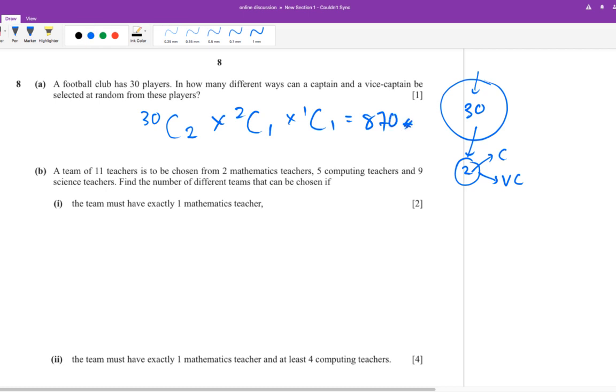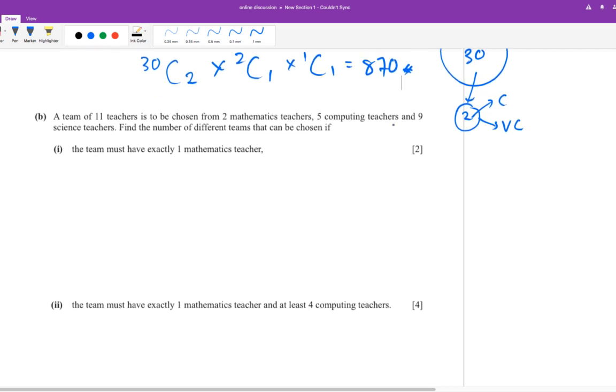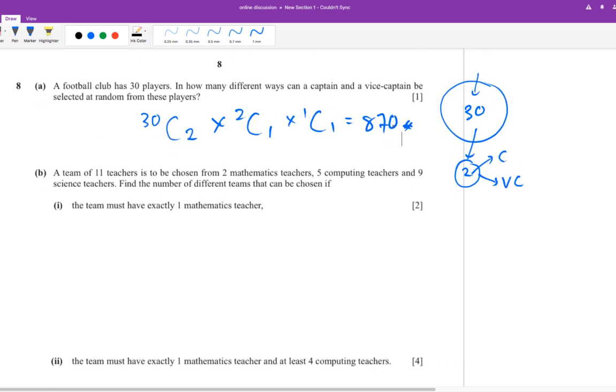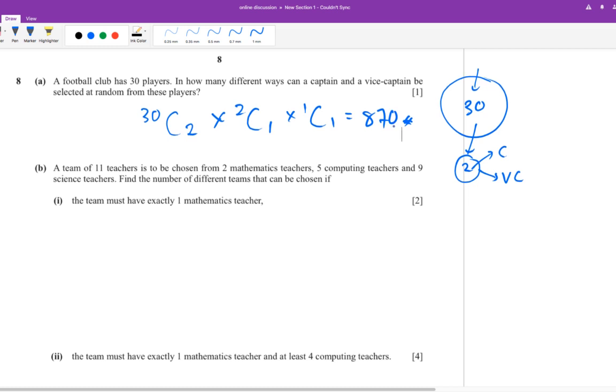Alright, B. A team of 11 teachers is to be chosen from 2 math teachers, 5 computer teachers, and 9 science teachers. Find the number of different teams that can be chosen if the team must have at least 1 math teacher.